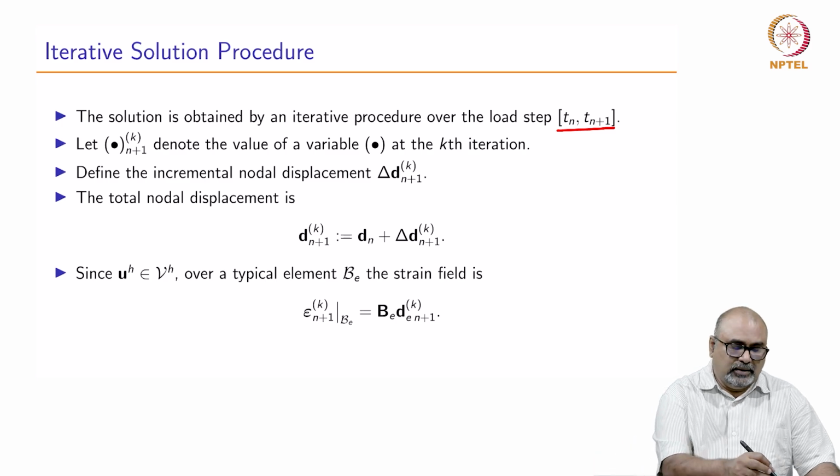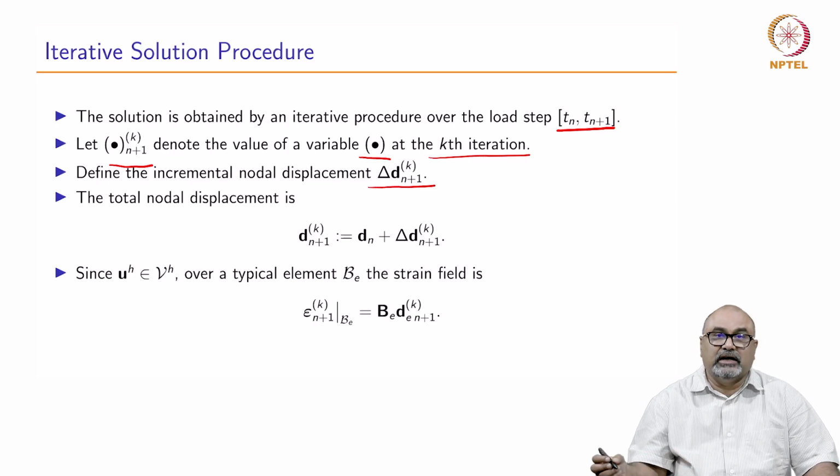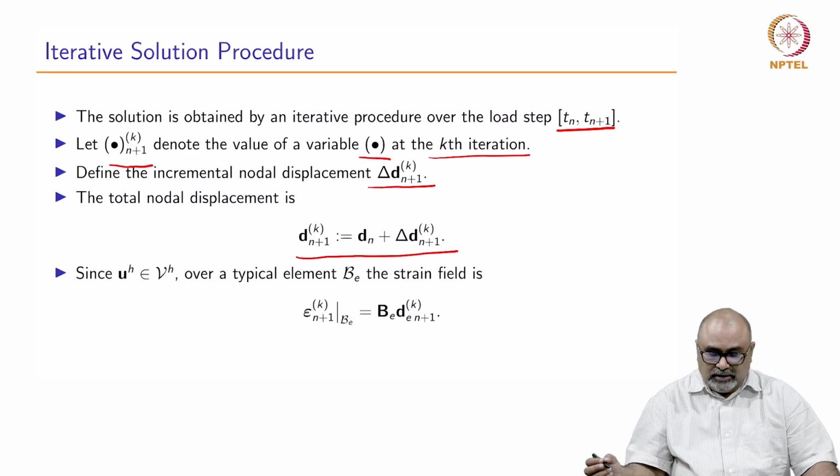Let n plus 1 k denote a value of any variable at the kth iteration. We define the incremental nodal displacements as delta dn plus 1 k. So, dn plus 1 k is defined as dn plus delta dn plus 1 k.